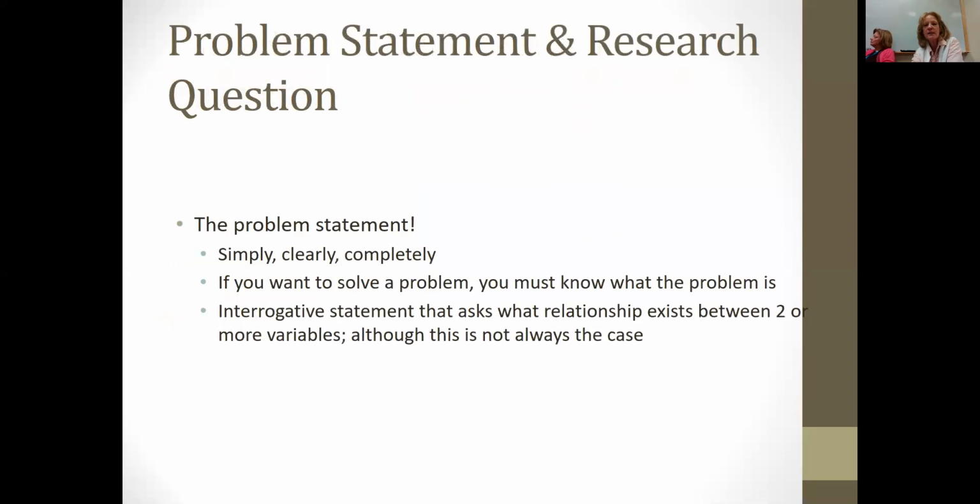And you don't need to do it today, but as you're reading your literature, start thinking that way. Think about refining your question. How are you going to define the variables, and how are you going to measure the variables? Try to make your problem statement simple, clear, but complete. So that's a little tricky to find that fine line. And what's the relationship between at least two or more variables?